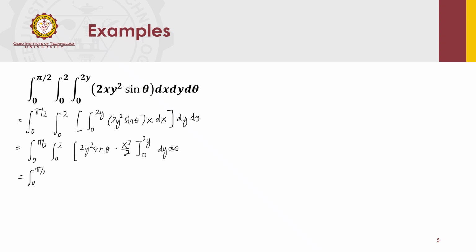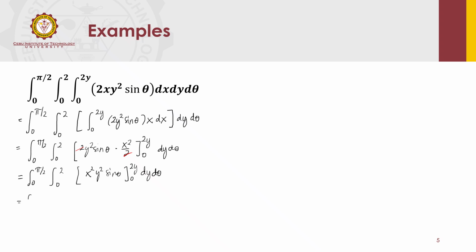So let's simplify first. We have a common factor here, which is 2. So it's x squared, y squared sine theta, evaluated from 0 to 2y.